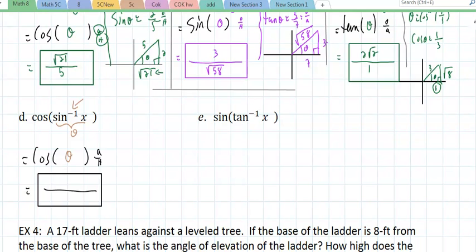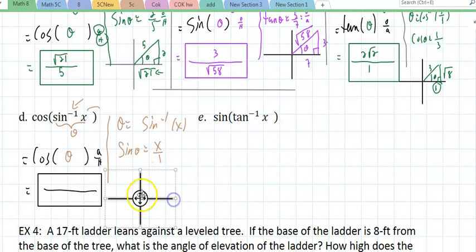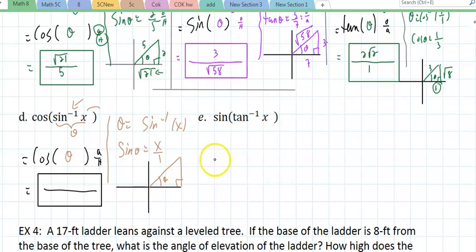On the side, I let theta equal the arc sine of x, which means I must have had the sine of theta equal x, and no values over 1. If I go to my triangle, pretty much I'm done. I am always in quadrant 1 if it's positive. Opposite over hypotenuse. And how do you find that side?